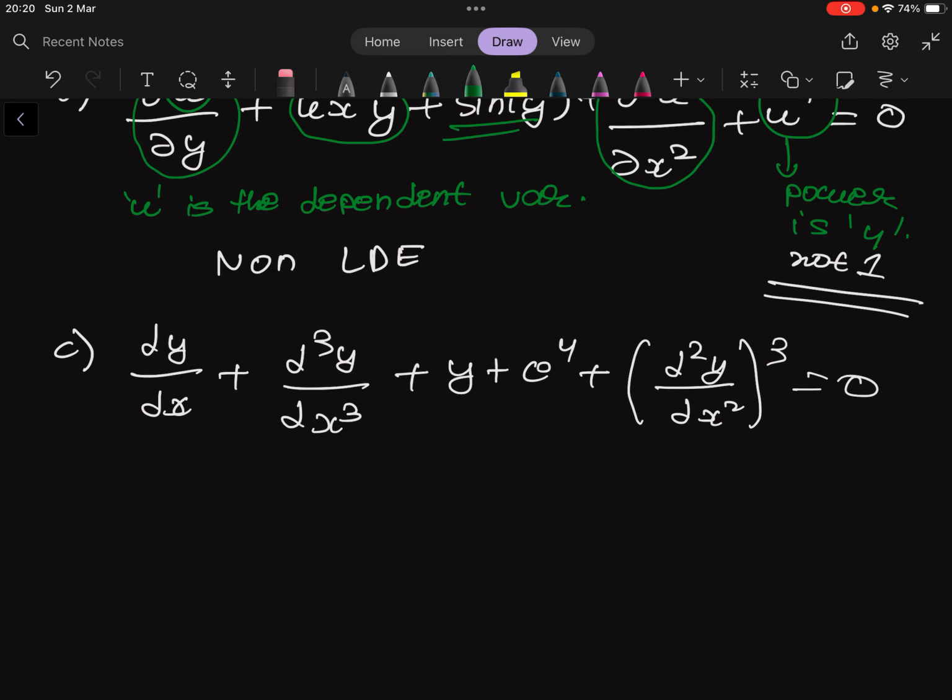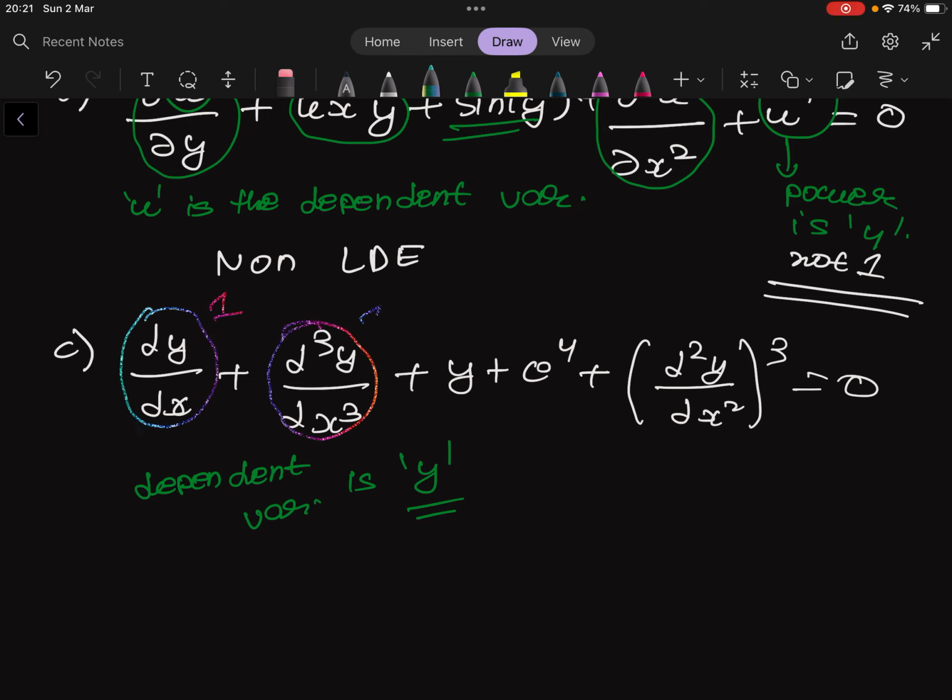In this case, the dependent variable is y. And let's identify the power. Its power is 1, power is 1, power is 1. But in this case, the power is 3. So not 1. So we can say it's a nonlinear differential equation.